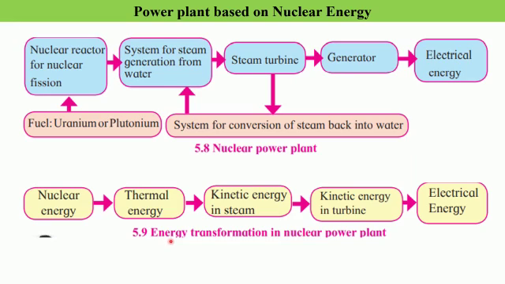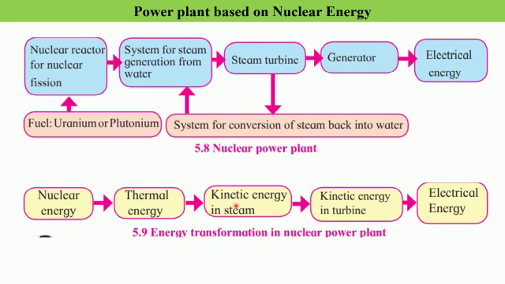Let us now try to understand the energy transformation in a nuclear power plant. Nuclear energy that is going to be obtained from uranium or plutonium is converted into thermal energy, because here the heat energy that will be released due to the fission reaction is used to heat the water.